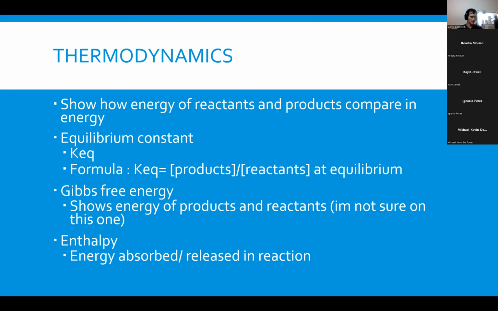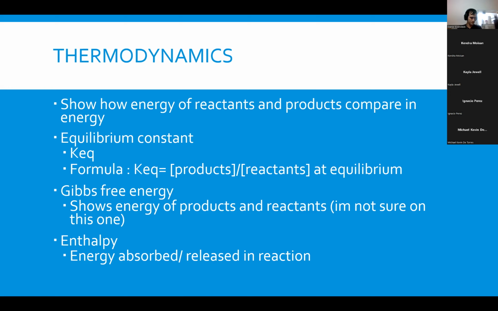Okay. So equilibrium constant. The equilibrium constant is a formula that shows you the concentration of your products divided by the concentration of your reactants. If it is greater than 1, you have more products than reactants, and therefore the reaction is favorable.